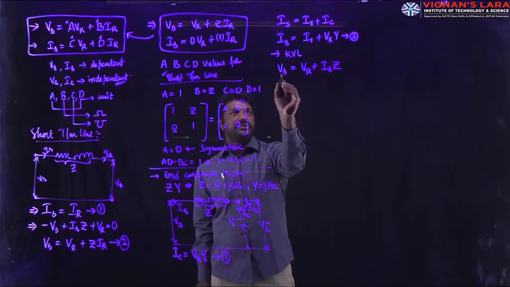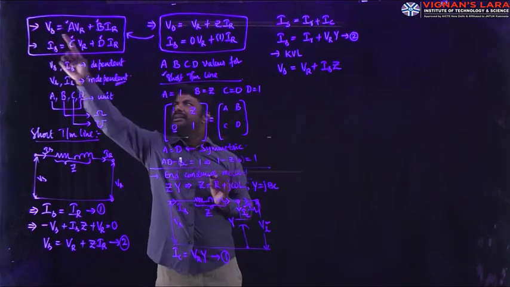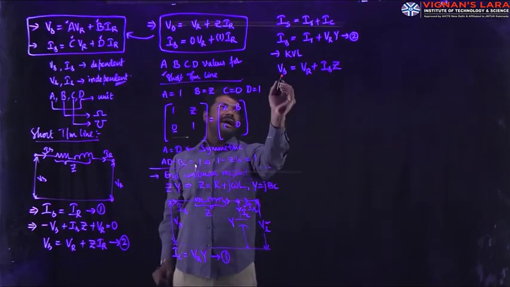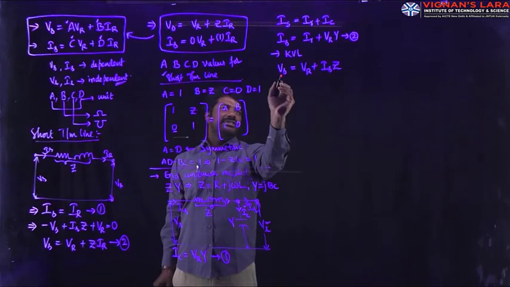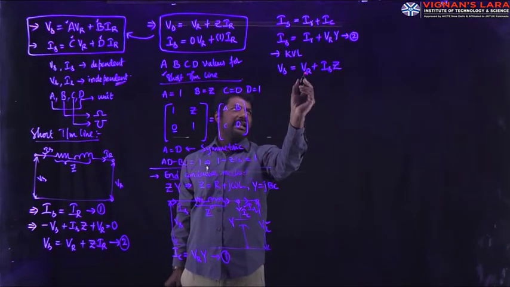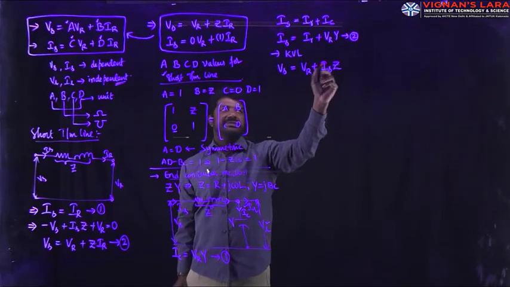Our objective is to define VS in terms of VR and IR. But after writing KVL, VS is written in terms of VR and IS. Now we have to substitute this IS.